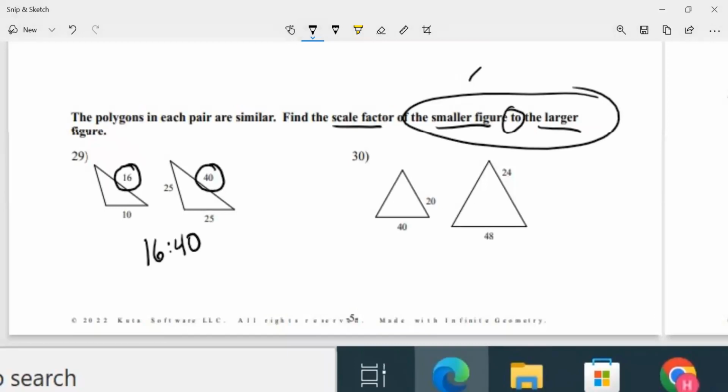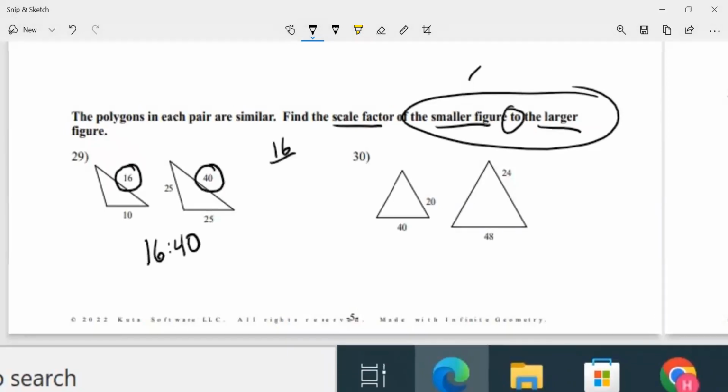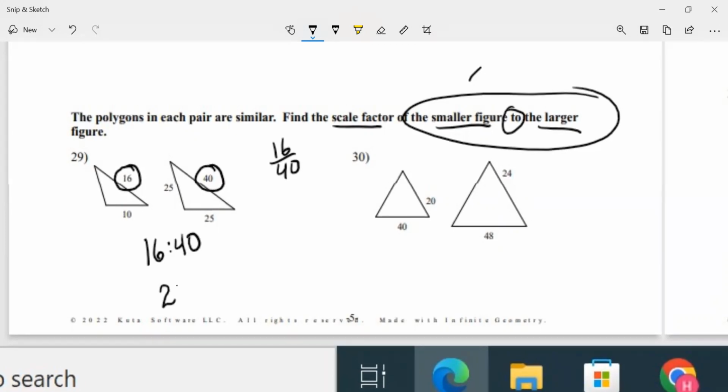Now, if I had written this as a fraction, 16 over 40, we know how to simplify fractions, right? Divide each by 8 to make my number smaller. The same thing when we use colon. 16 and 40, I'm going to divide each by 8. So in the simplified version, I'm going to say 2 colon 5. That will be my answer.